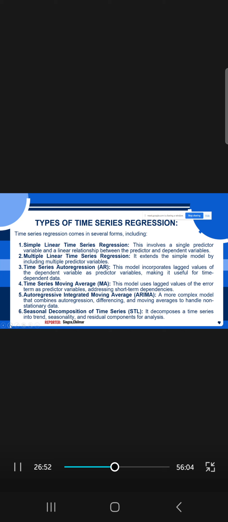The number of lag values included in the model is called the order of the model. For example, an AR(1) model includes one lag value of the dependent variable, and an AR(2) model includes two lag values of the dependent variable.